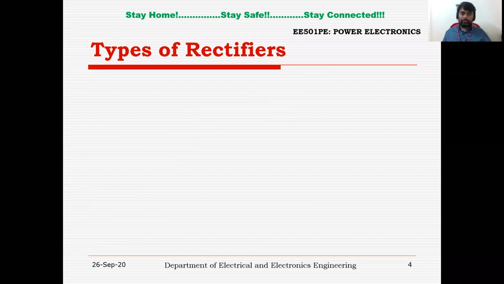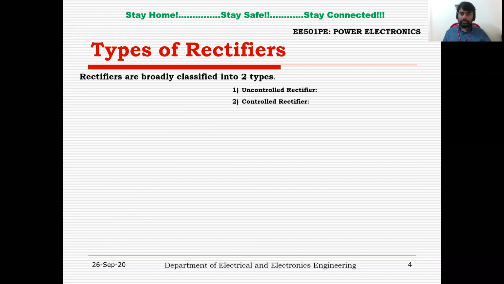And when it comes to the types of rectifier, these are broadly classified into two types: uncontrolled rectifiers and controlled rectifiers. In the case of an uncontrolled rectifier, we are using uncontrolled devices like diodes.